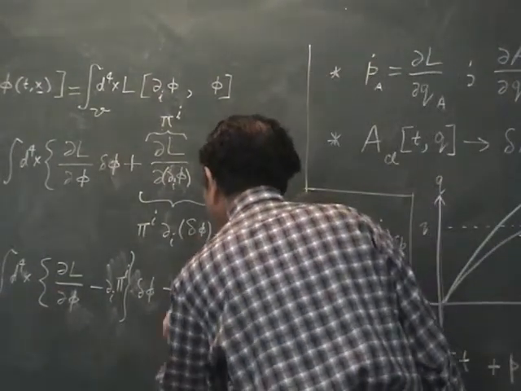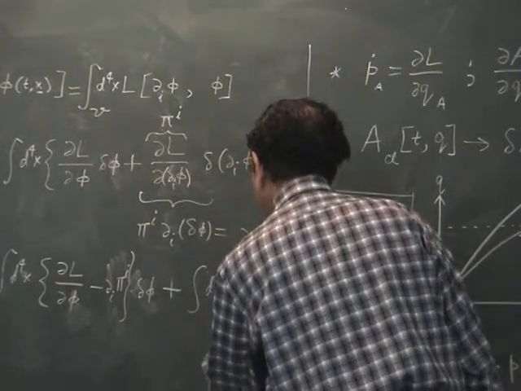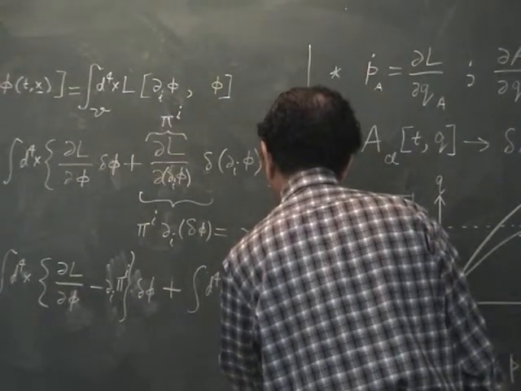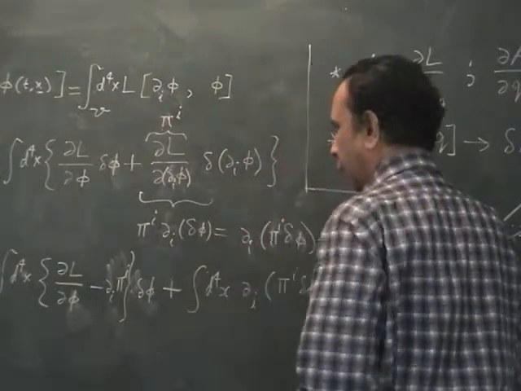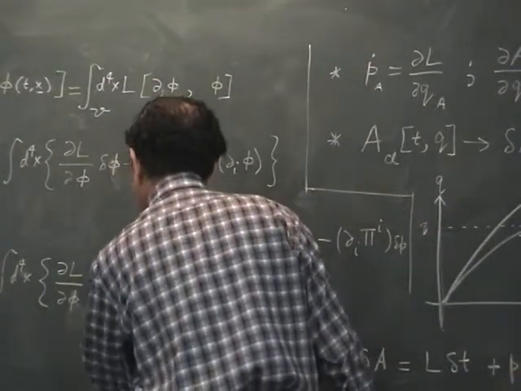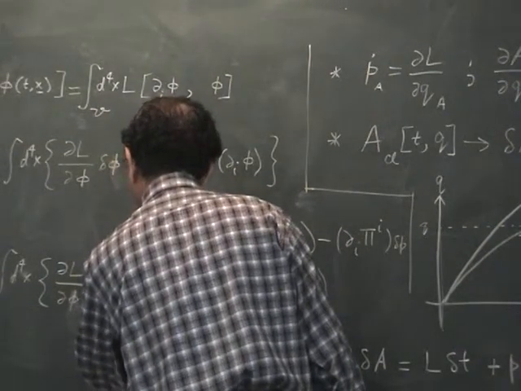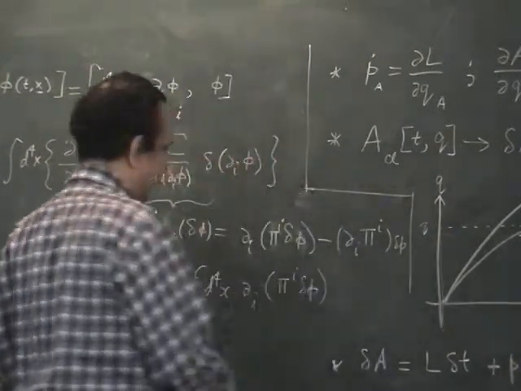So here you have an integral over d^4x of d_i of pi^i delta phi. Okay, so let me just write this a little nicer. d_i of pi^i delta phi.